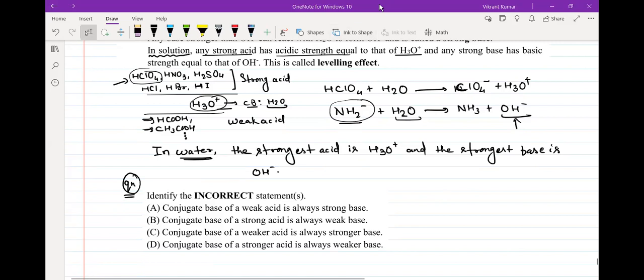Hers is saying C and D. Anyone else having any other answer? Prisha is saying A and B. Again, I'm reminding you, I'm asking incorrect. It is also saying A and B.